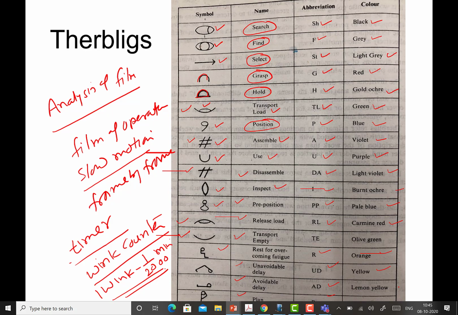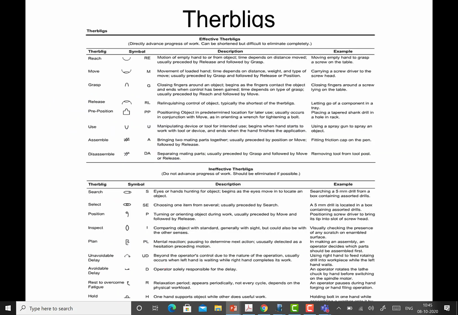Okay, so this is a little more detail or grouping of the thermbligs, like the reach. These are grouped as effective thermbligs and ineffective thermbligs. Reach is a motion of the empty hand, moving the empty hand to grasp a screw.